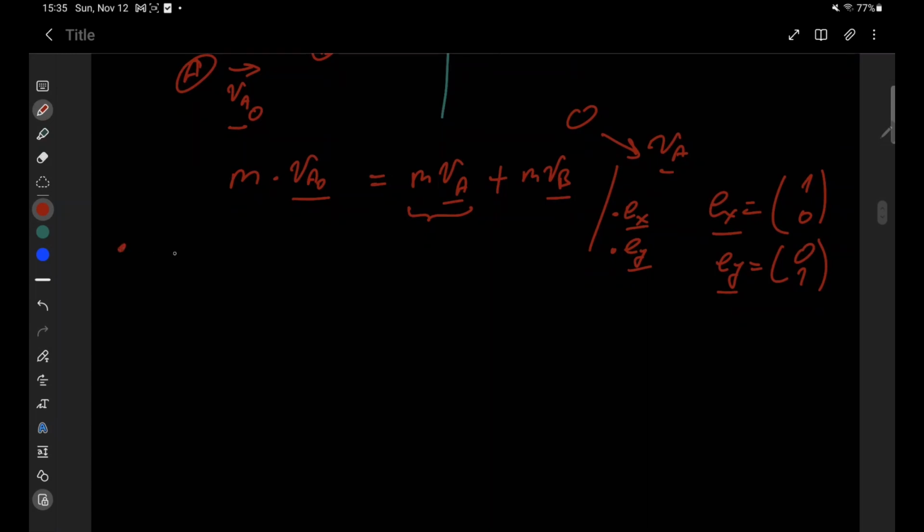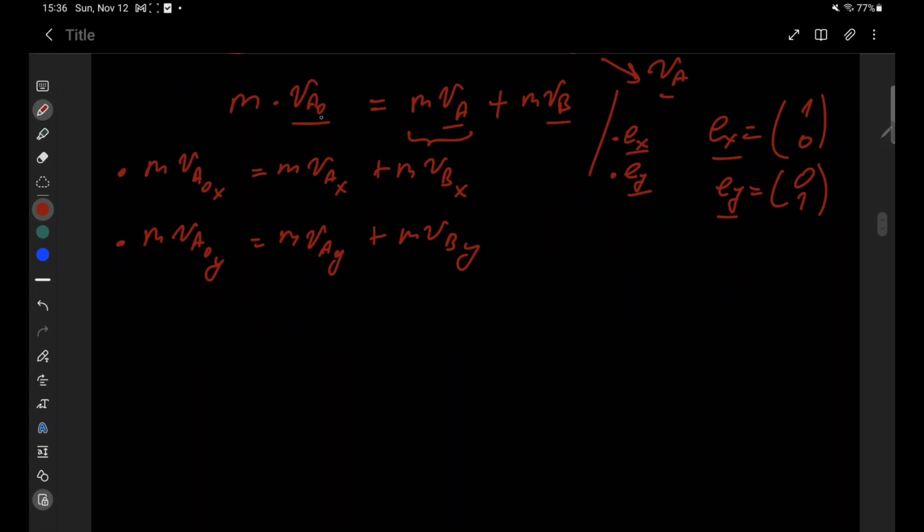So what do we get? We get two equations. One equation: M VA0x equals M VAX plus M VBX. Then the second one: M VA0y equals M VAY plus M VBY.